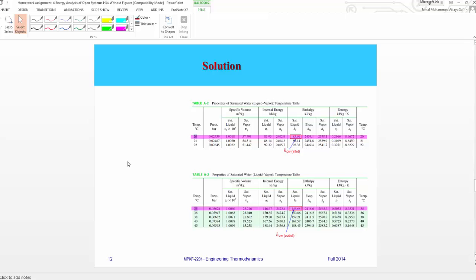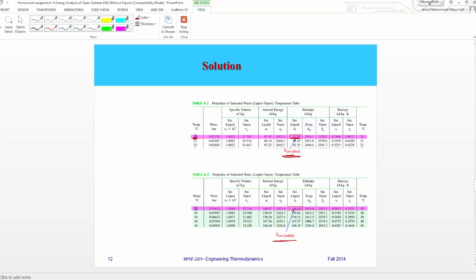So this is the cooling water. We said if you have cooling water or compressed liquid and you want to find the properties, you go to the saturated tables at the temperature and then you read hf. As you can see, the inlet is 20, and this is h at the inlet, 83.96 kilojoule per kilogram.